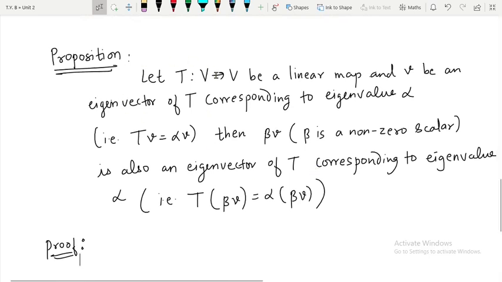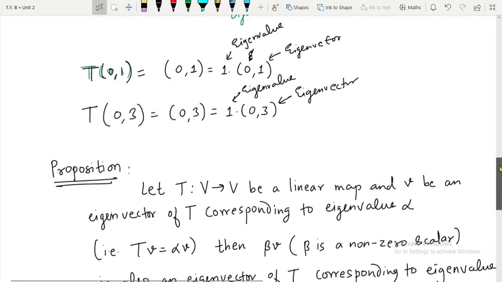Whenever we have a linear map, where V is a finite dimensional vector space, and V is an eigenvector of T corresponding to eigenvalue alpha, it means that T of V is equal to alpha V. Then the scalar multiple of V, that is beta V, is also an eigenvector of T corresponding to eigenvalue alpha.